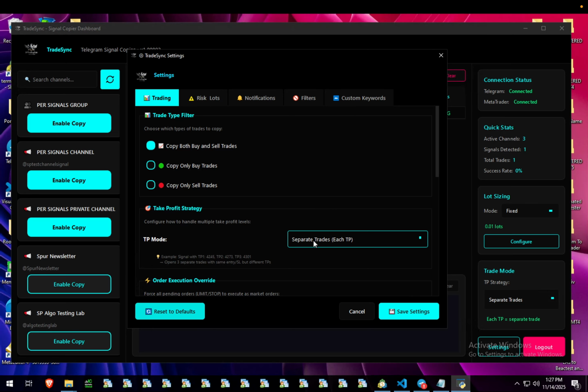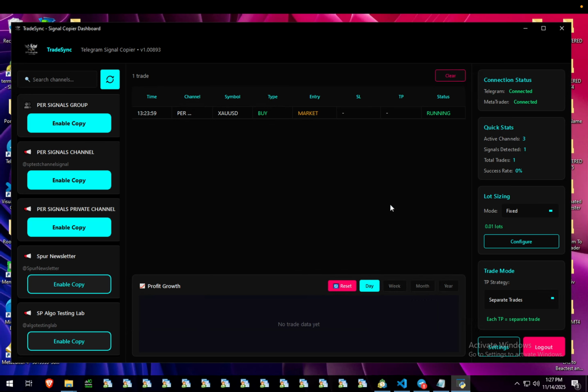Next is the TP mode. You can select a separate trades mode, where a pending order with multiple take-profit values will open one trade for each TP. You can also choose single trade mode, where the system opens only one trade even if there are multiple TPs.